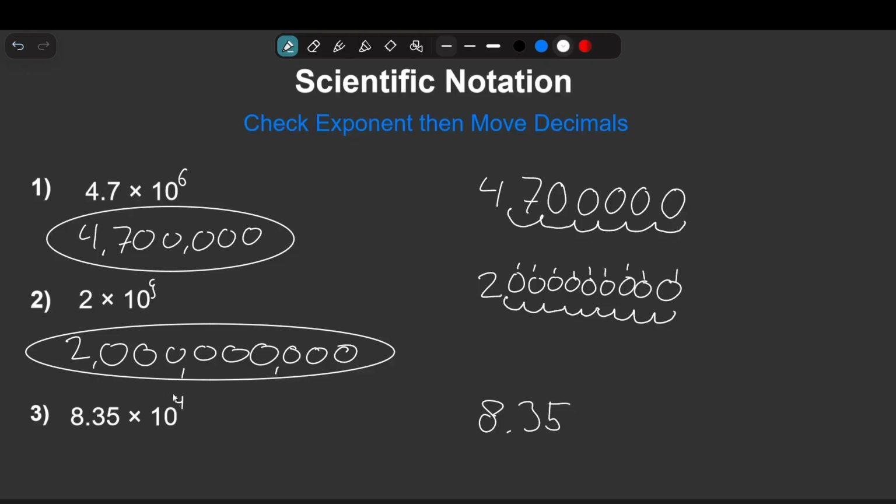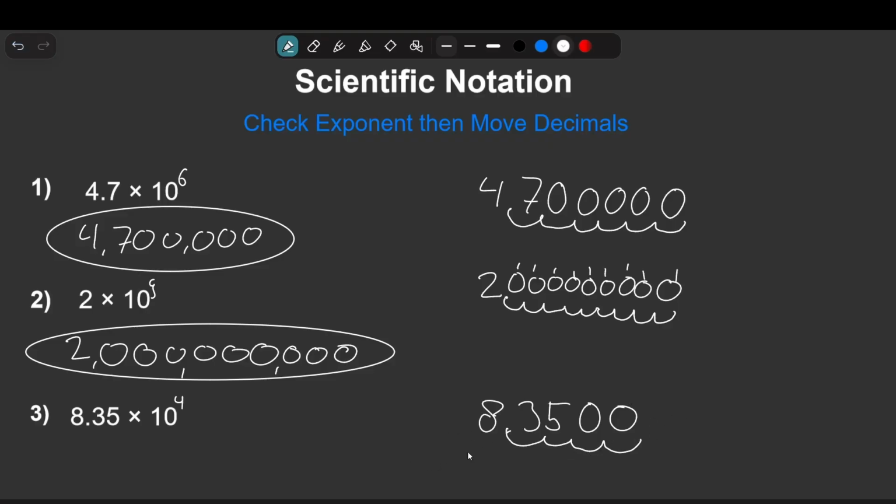Now look at the exponent again and move the decimal 4 times to the right. 1, 2, 3, 4. As you can see, we only have to fill 2 spaces with zeros this time, like this. 1, 2. This can also occur, and you don't have to get confused about it, because this is also the right answer.